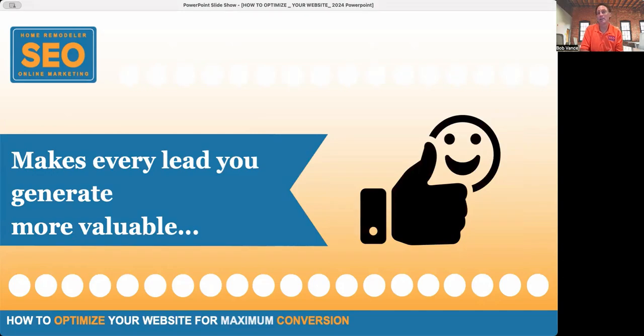But what this does, it makes every lead that you generate more valuable. So take this seriously, implement this technology in your business, into your CRM. Even if you just book one or two more jobs, that could mean an extra 50 or 60, $100,000 in revenue for your business, or for the guys that do the big jobs on here, one more job could be another $1,000,000 or 500,000.